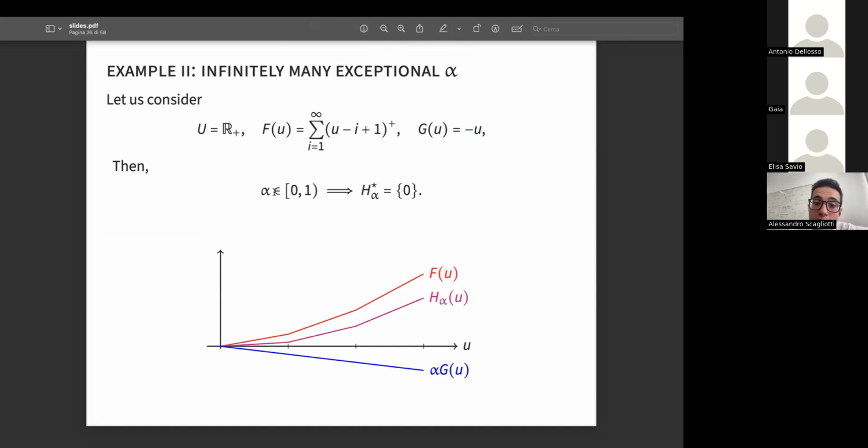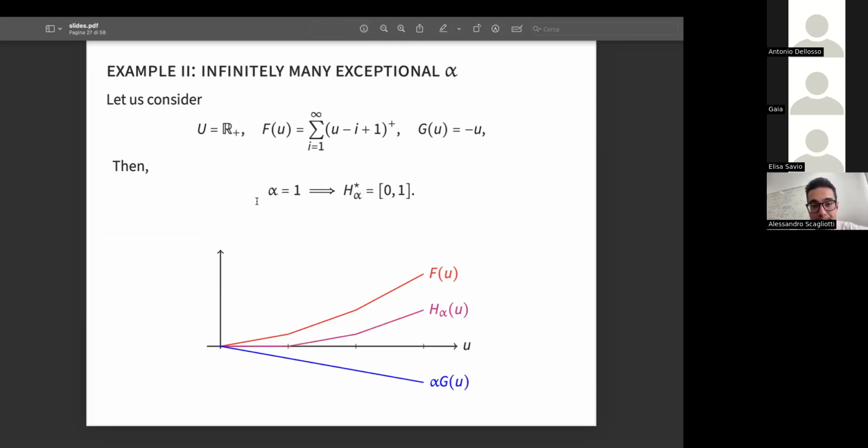This is what is going to happen. When alpha is running between 0 and 1, the set of minimizers is reduced to the unique point 0. When we have just one minimizer, the trade-off invariance principle is trivially satisfied, because it says that for every choice of u1, u2 in the minimizers, but if we just have a single one, there is nothing to choose, and the principle holds.